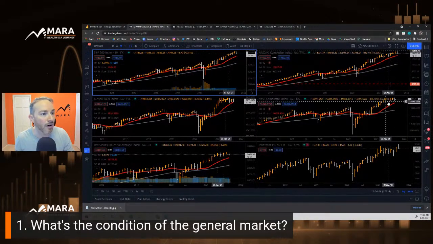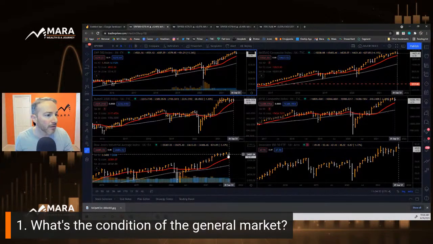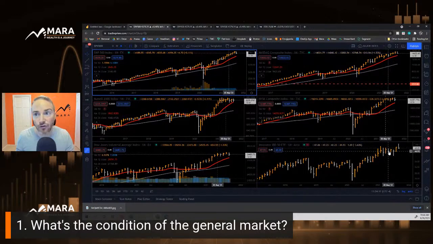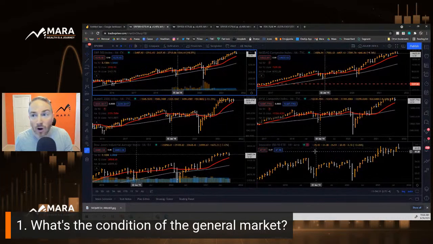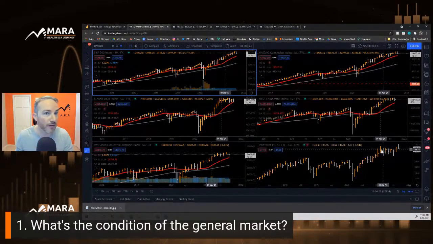Similar over here on the NYSE, it's been moving sideways really since May. And then similar over here on the Dow. I've got this over here too. I like to track the IBD 50. The ticker is FFTY. It's an ETF that looks at some of the highest momentum growth stocks in the market, and it serves as a pretty good proxy for them. So I like to look at that.